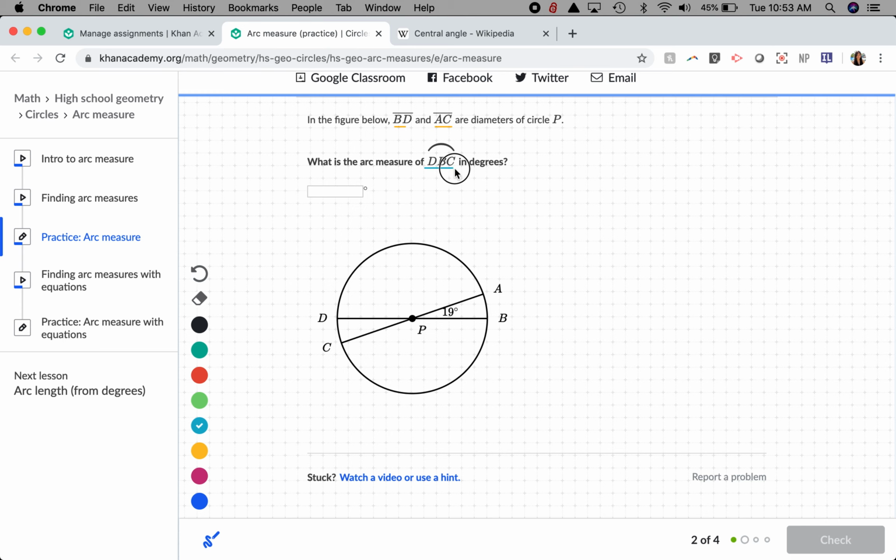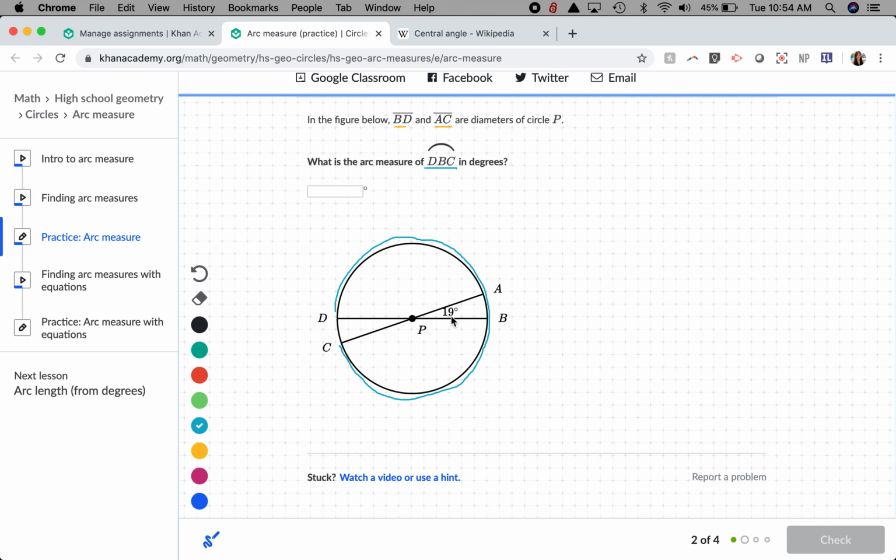What I like to do, and what I would encourage you to do, is to also mark your circles or whatever drawing, especially in geometry. It's really, really helpful. So this is D, B, C. So it's this huge major arc right there.